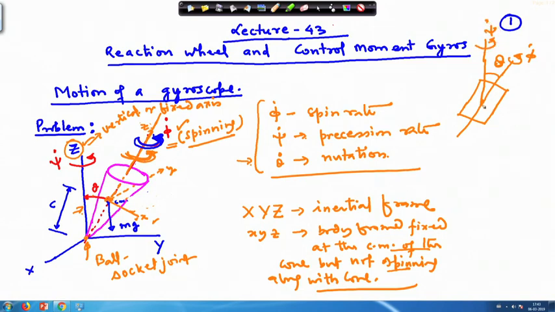But that case was free from torque; we did torque free rigid body dynamics. But here it is not free from torque. There is a force acting at the center of gravity, and therefore a torque will act along the y direction. If we push it to the bottom point, you will see that along the y direction the torque is acting.